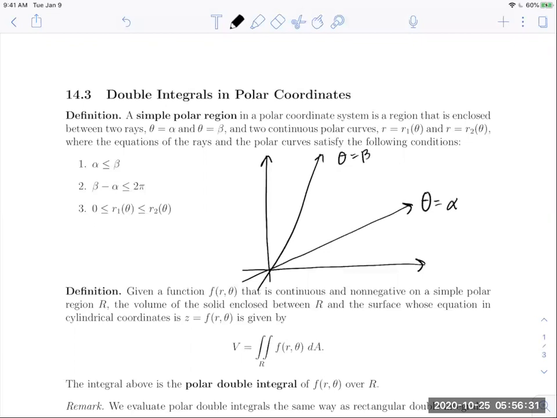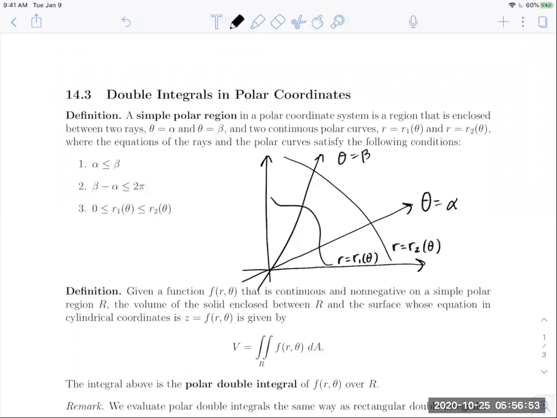And then sketch two polar curves. I'll draw one kind of wavy. This is r equals r1 of theta. And I'll draw the other one to look kind of like an arc of a circle. This is r equals r2 of theta.